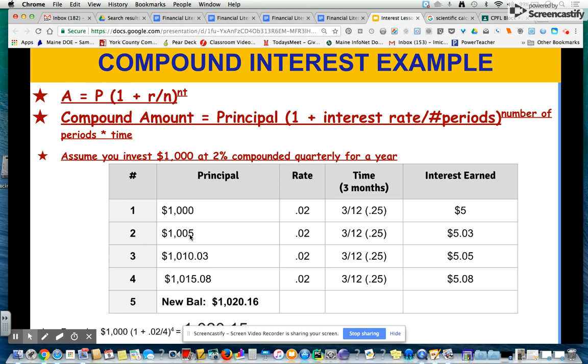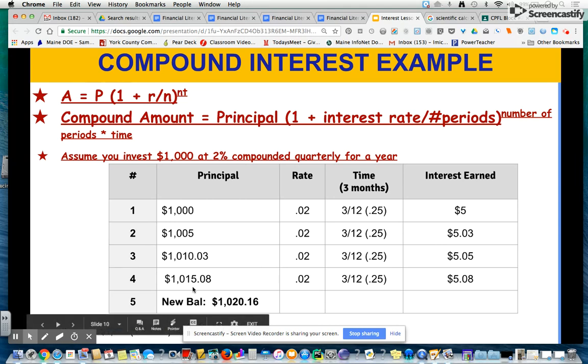Again, you want to multiply that by the rate and the time. So for the second quarter, you would earn $5.03. You would add that back in to the 1,005. So your new principal becomes 1,010 and 3 cents. Multiply by 0.02, multiply by 0.25, so you would earn $5.05.